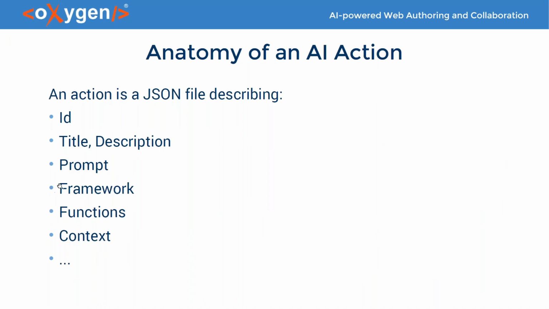It specifies the framework where this action is available, the available tools or functions that can be called when this action is invoked, and the context within the application that this action has access to.